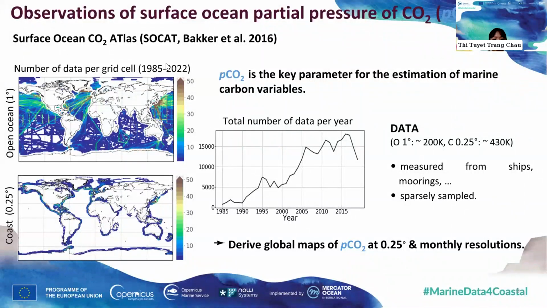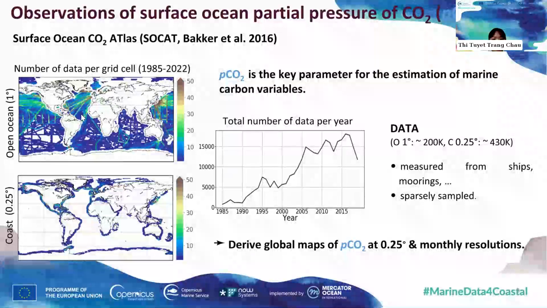And an important source for estimating the global ocean carbon budget and many other variables in the marine CO2 system is the Surface Ocean CO2 Atlas, SOCAT, a database of pCO2, the surface ocean partial pressure of CO2. pCO2 has been measured from different platforms.